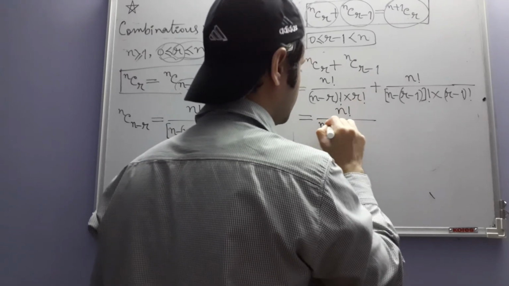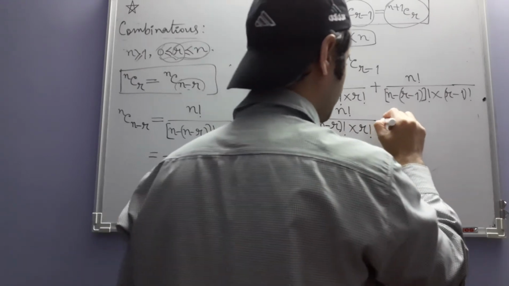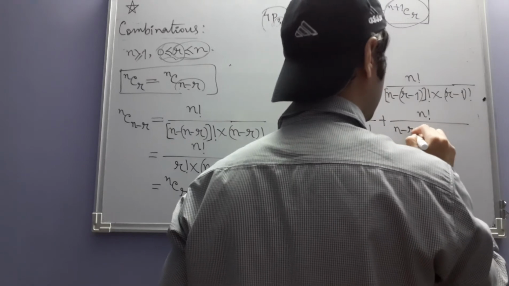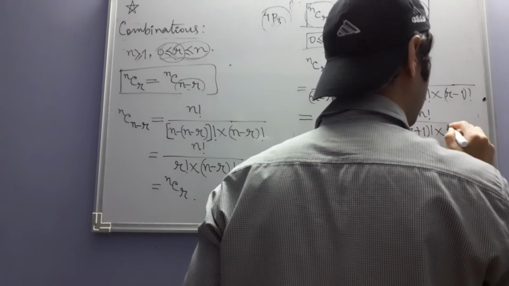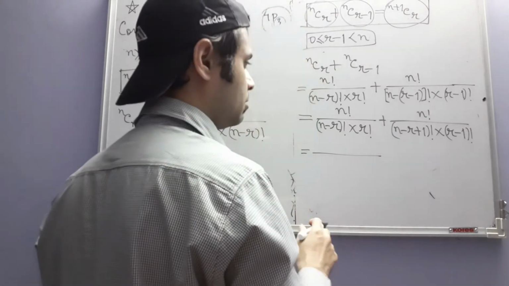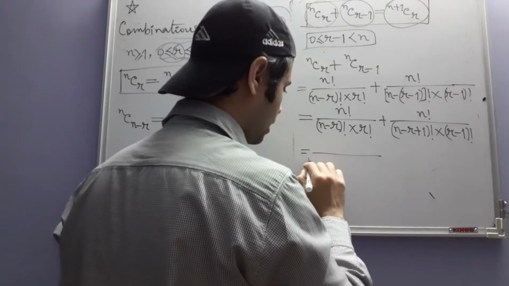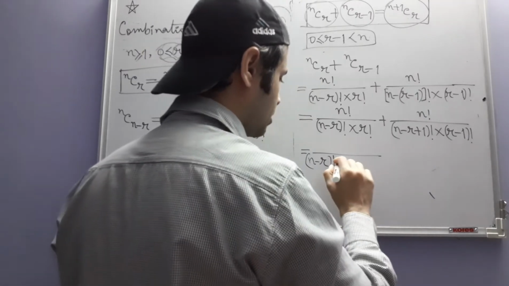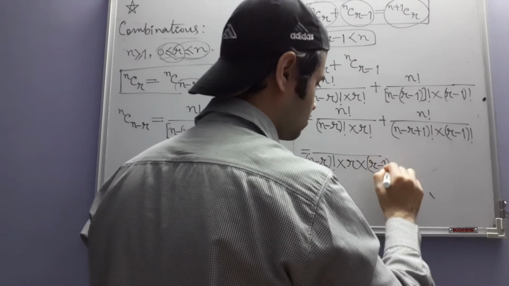N factorial divided by (n minus r) factorial times r factorial plus n factorial divided by (n minus r plus 1) factorial times (r minus 1) factorial. Now to make it look somewhat easier, I will further write it like this: (n minus r) factorial times r times (r minus 1) factorial.